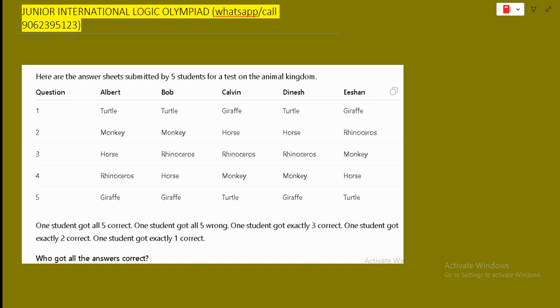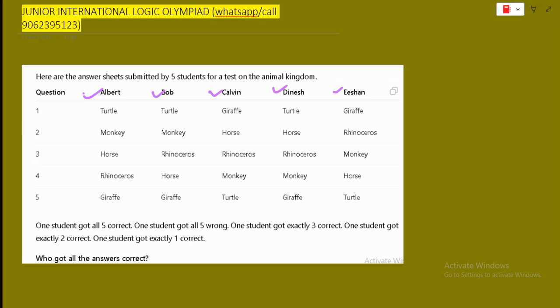Okay, so look at the screen. We have got 5 students, right? Albert, Bob, Kelvin, Dinesh and Ishan.